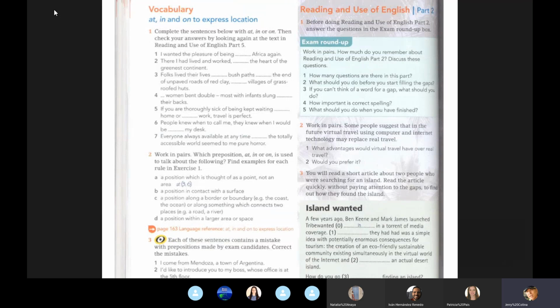Complete the sentences below with at, in, or on. Then check your answers by looking again at the text in Reading and Use of English Part 5. So you are going to complete these blanks, and once you finish, send me a message to check your answers.